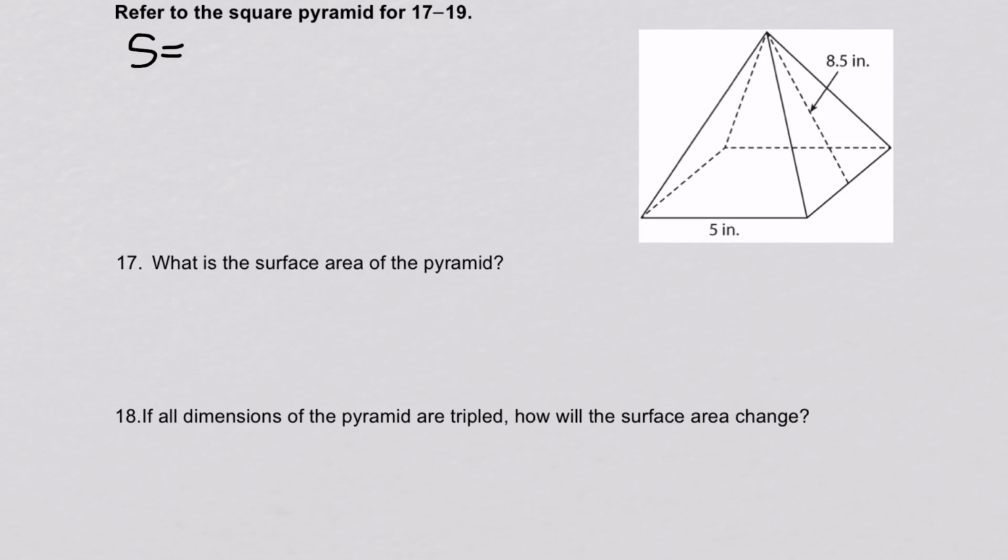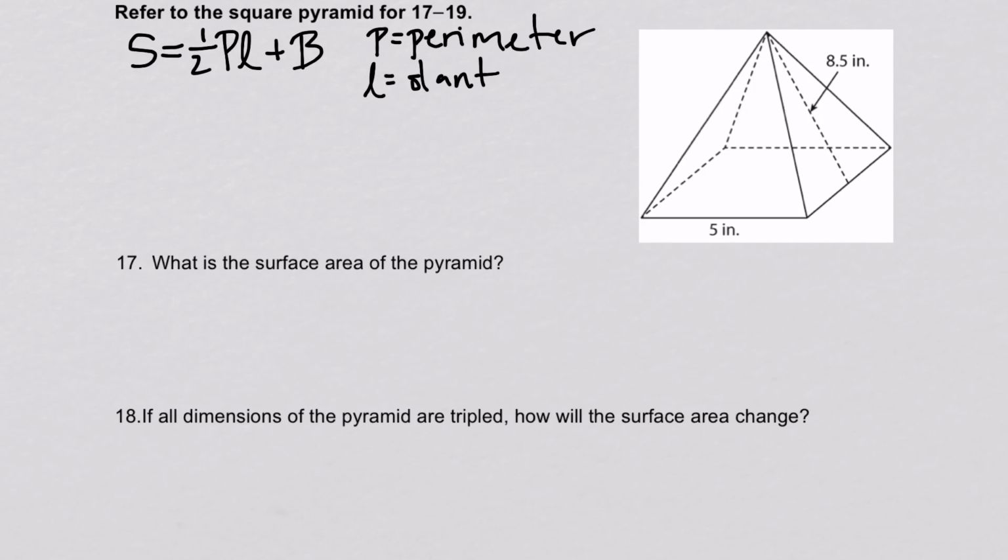A pyramid's surface area is 1/2 PL plus B, where P is the perimeter of the base, L is the slant height, and capital B is the area of the base, or base area. Using those three things, I can figure this out.